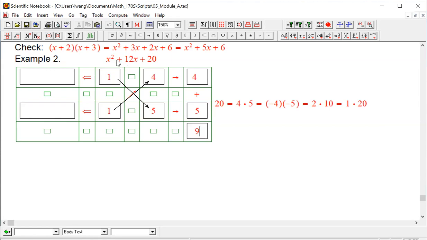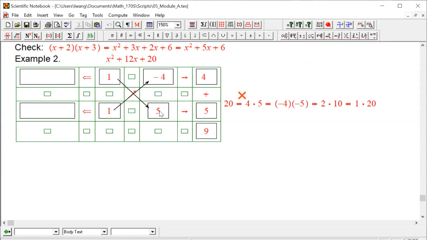It does not match the positive 12 here. So this tells us that this option doesn't work. We'll continue to try the next option.